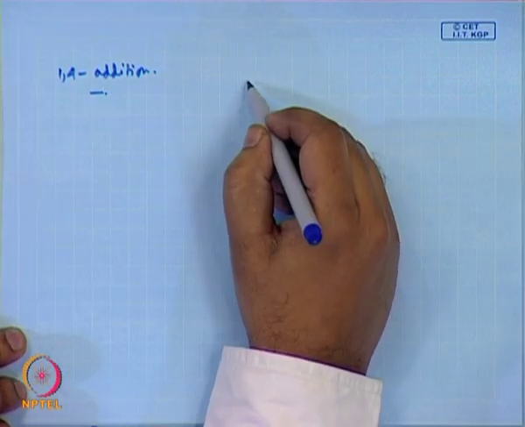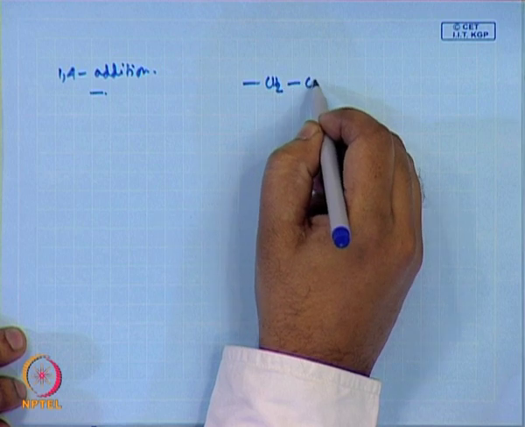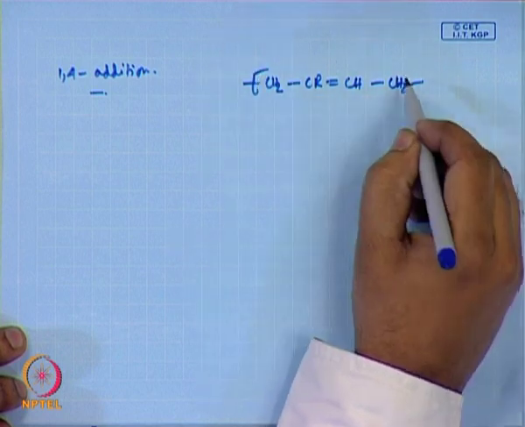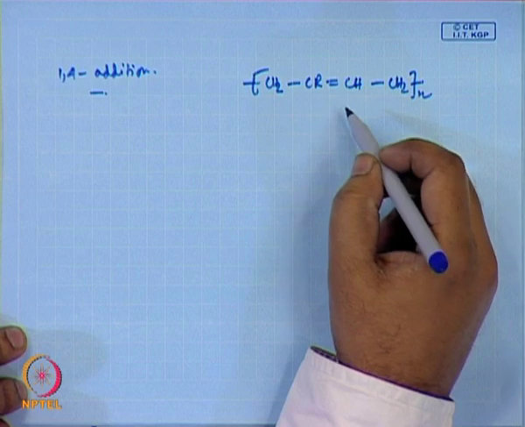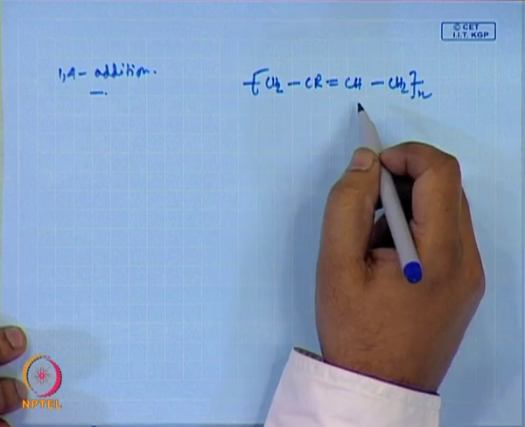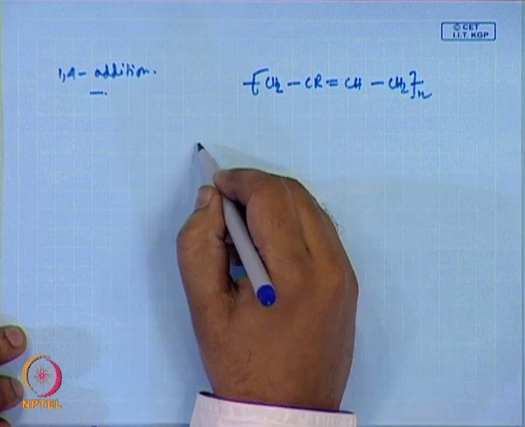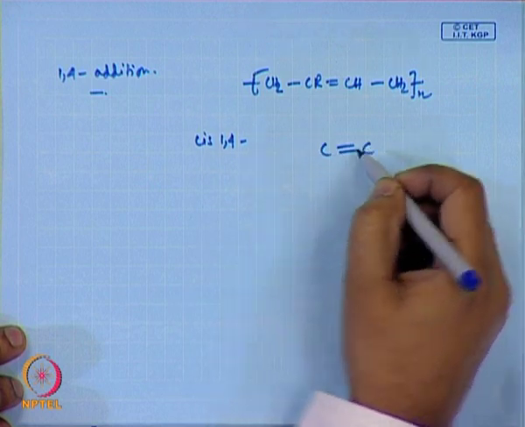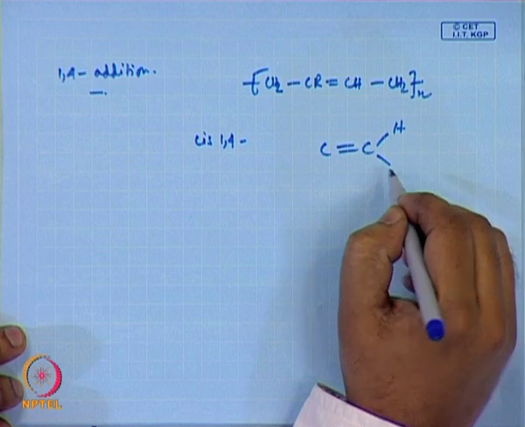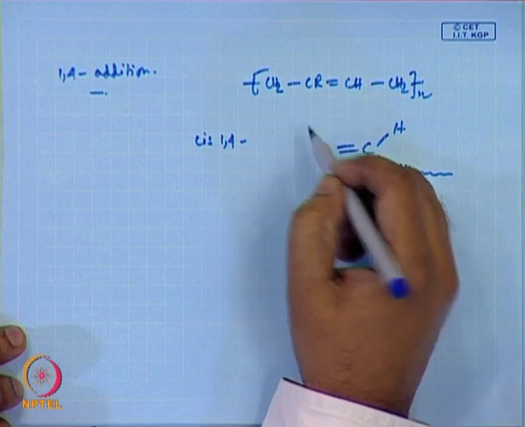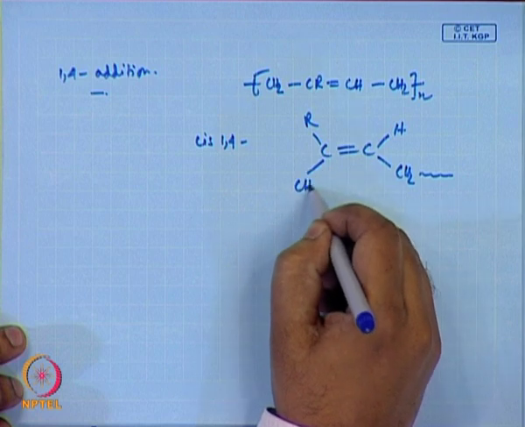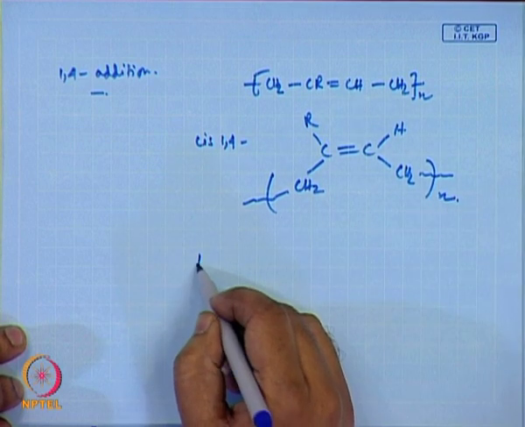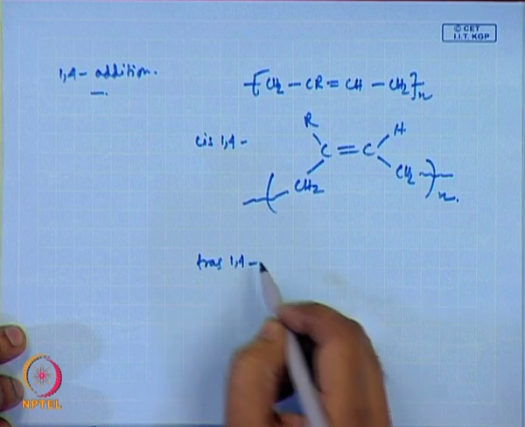In this case, you get the product as this. Now, in this polymer, every monomer unit can stay as a cis-1,4 polymer, which we can write like this. Now, they can have a trans arrangement as well.